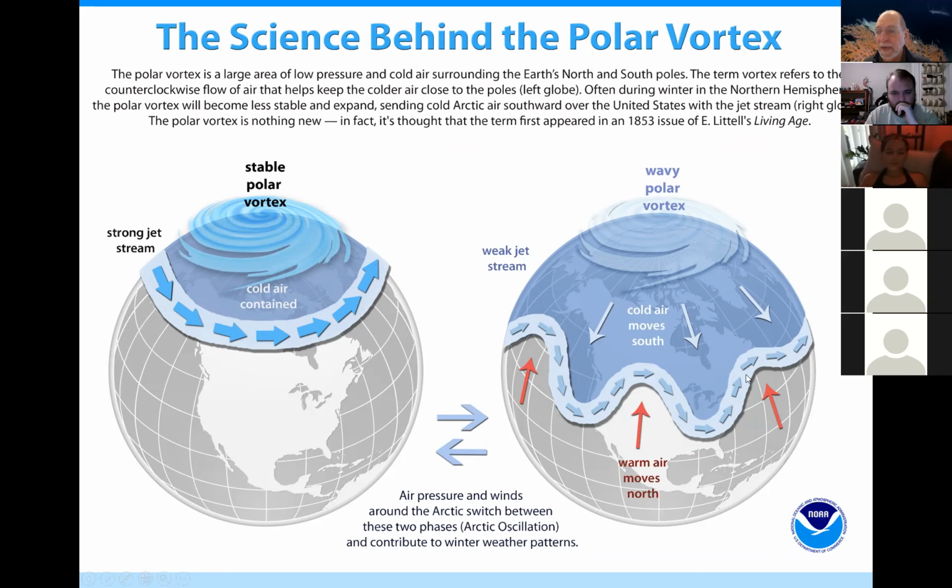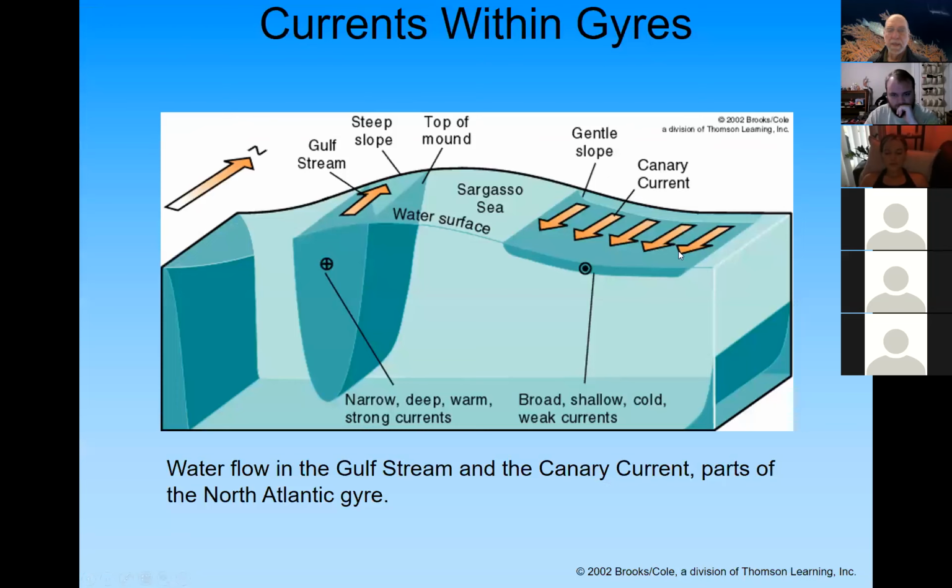Okay, any other questions? All right, well, let me move along to another circulation pattern, and that's oceanic gyres. We talked about the fact that the trade winds, the prevailing westerly winds, tend to push water toward the western side of the Atlantic.